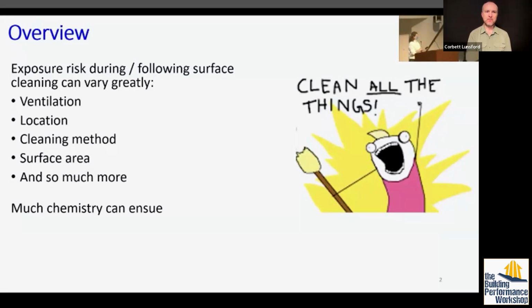You can well imagine that ventilation, location, cleaning method are all going to affect exposure and concentrations of emissions from cleaning products to the gas phase. But we're going to dive in a little bit deeper in the work I'm going to talk about, specifically about spatial heterogeneity and how cleaning method can affect concentrations.